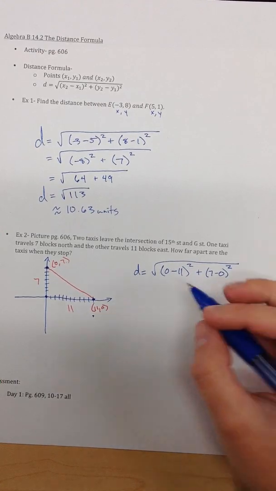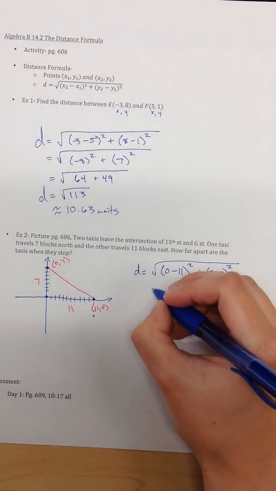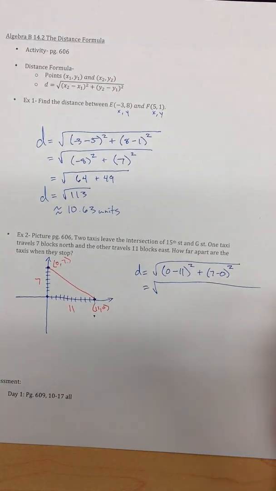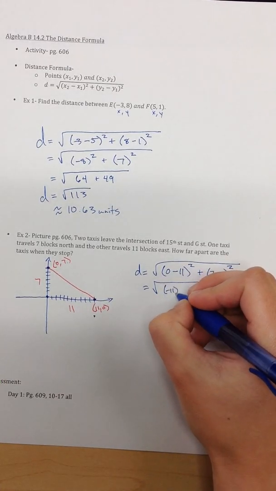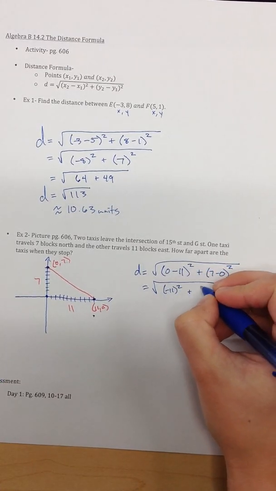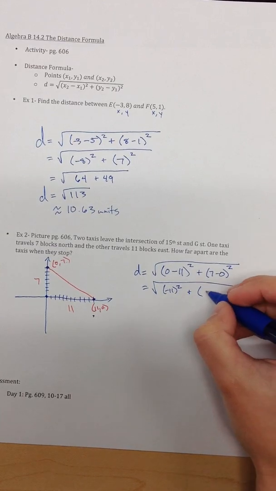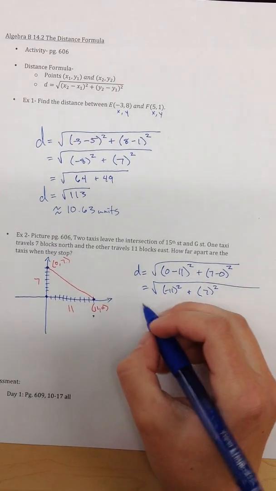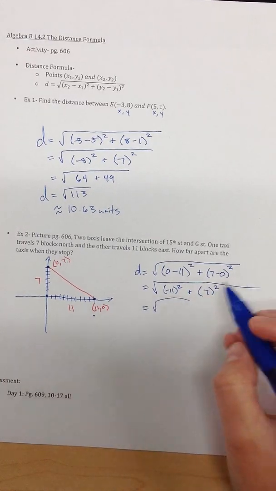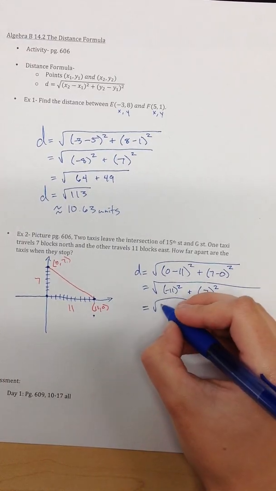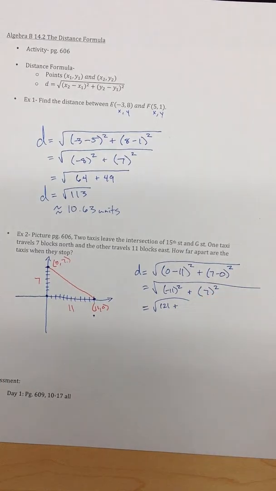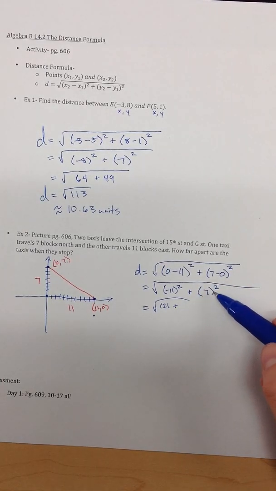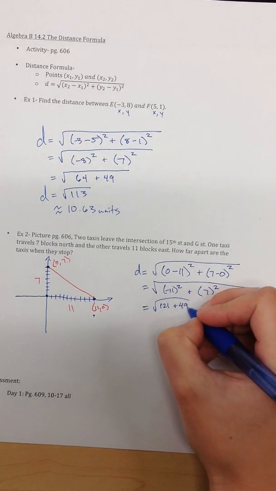If I solve that out, 0 minus 11 is negative 11, in parentheses squared, plus 7 minus 0, which is 7, squared. Then if I actually square those, negative 11 squared is a positive 121, and 7 squared is 49.